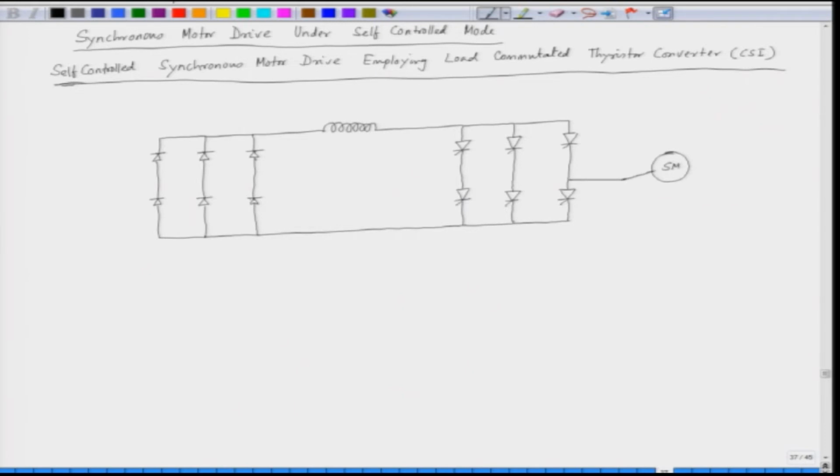This is phase C, phase B here, and we have phase A. So, this is A, B and C. The field is separately excited. This of course has a field winding, the field is separately excited and is fed from a DC supply.